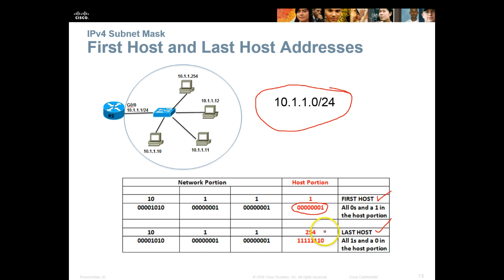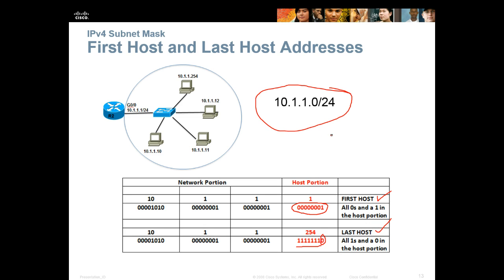The last usable address is simply the broadcast address minus 1. We turn off that rightmost bit. This is now a host address because all the host bits are not 1 and all the host bits are not 0. Therefore, by definition, that is a host address.